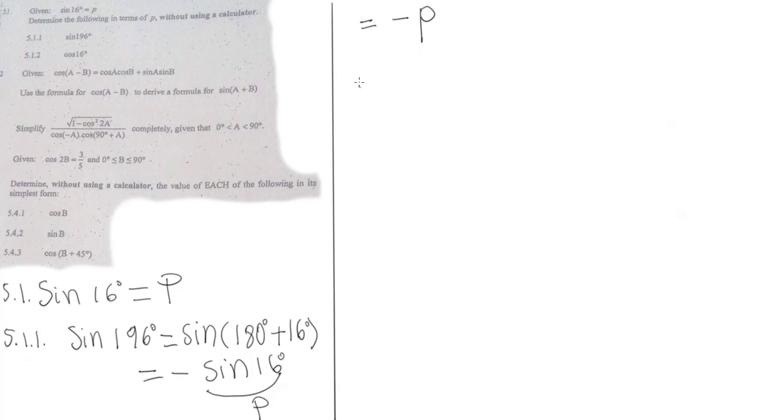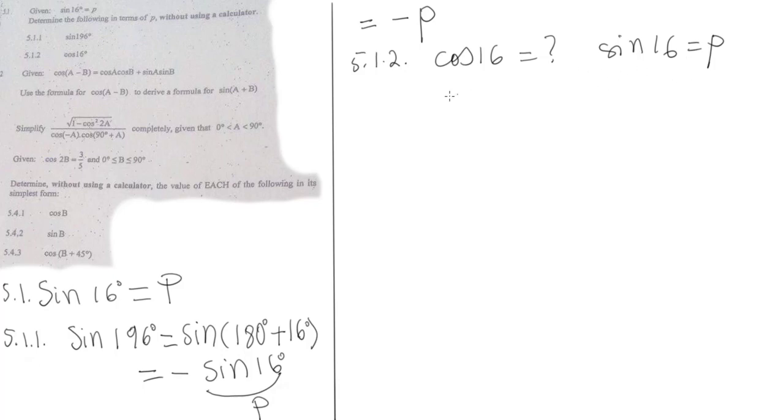The next question says we have to evaluate cos 16 degrees. Now look, we have sine 16 degrees equal to p, so both of them have the same angle.